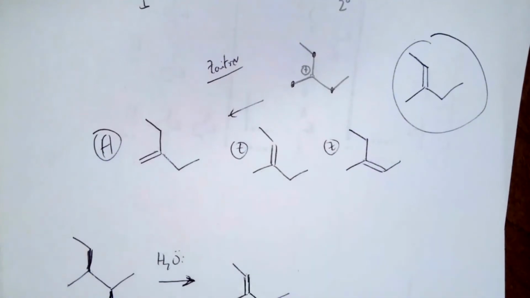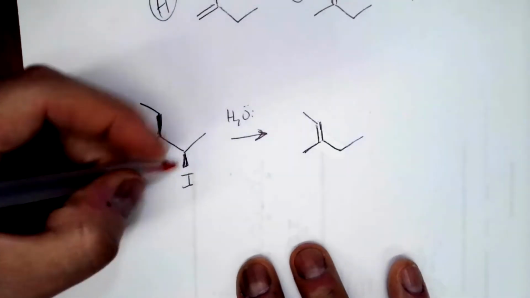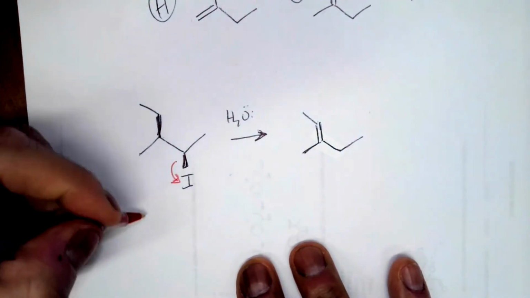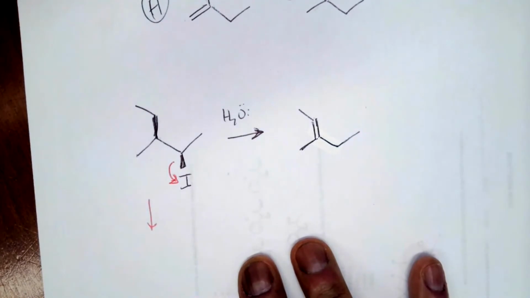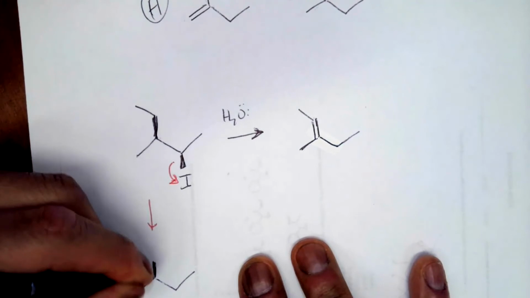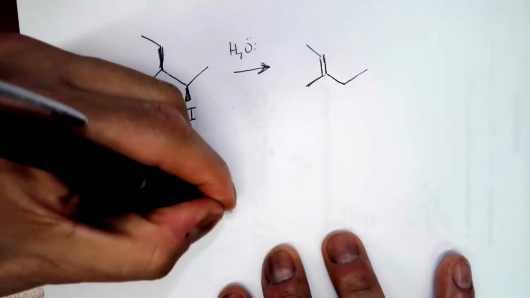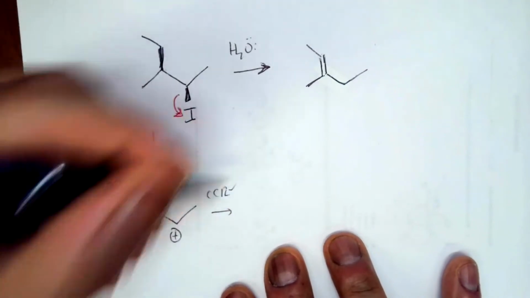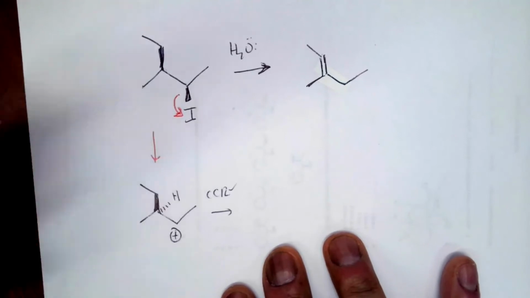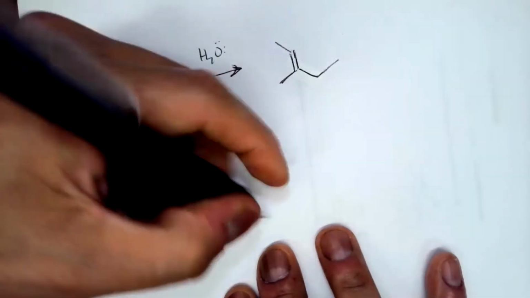We said that this was the major product. Good. First step in the SN1 reaction, sorry, E1 reaction: dissociation. After dissociation, this compound undergoes CCR, right? I have here the hydrogen. I do a hydride shift towards the carbon.